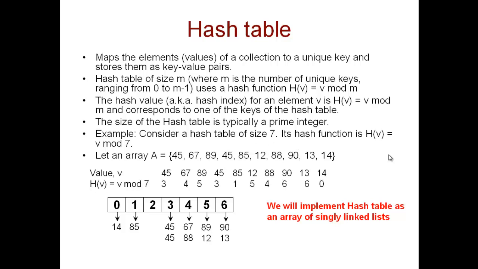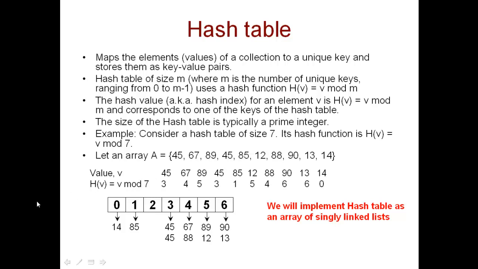So for the hash table approach, we have to be given a hash function. So the hash function is of this format, typically the value, whatever you want to represent in the hash table, mod a divisor, which is always a prime integer.